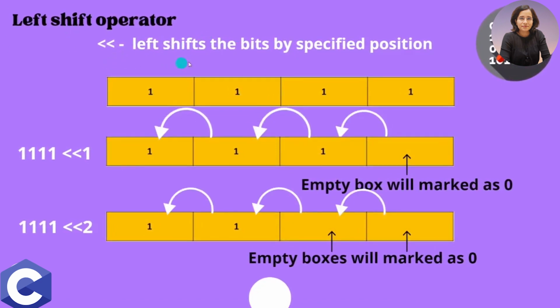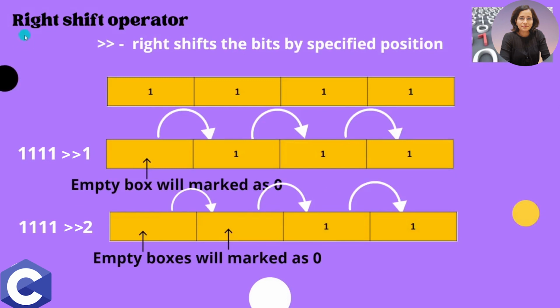Next, we are going to study the bitwise left shift operator. The left shift operator shifts the bits by a specified position. So let's consider one example. I have taken one binary number and we have to shift that binary number by one position. So the bits will shift to the left by one position, keeping one block blank, and that empty box we will mark as 0.